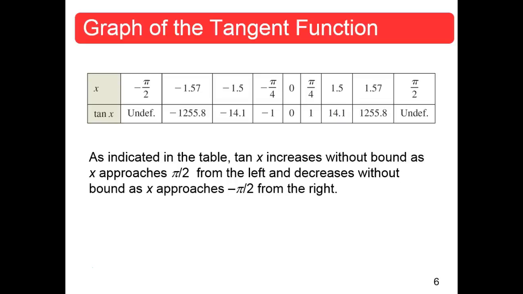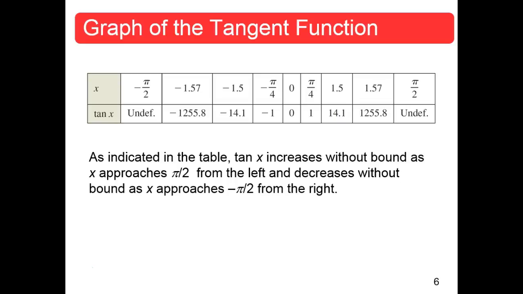That's a total of pi, right? From negative pi halves to pi halves is pi. Halfway in between is 0, and halfway in between that are negative pi quarters and pi quarters. Those are the ones that I'm interested in.